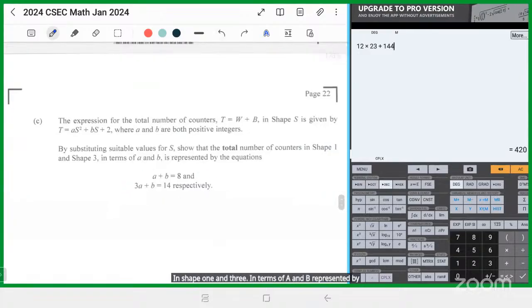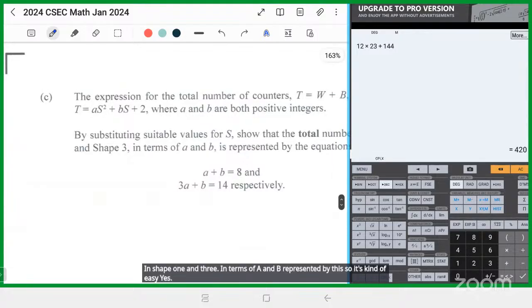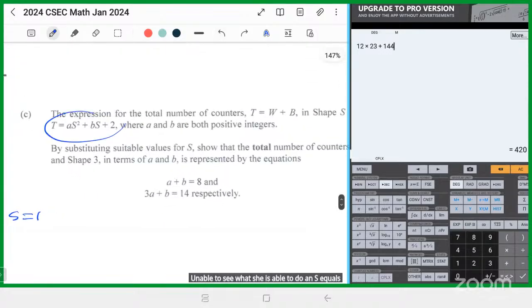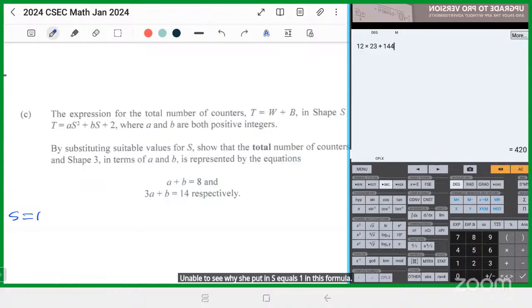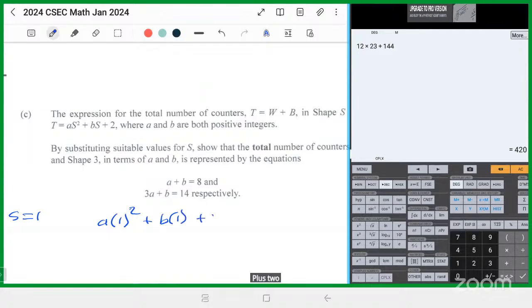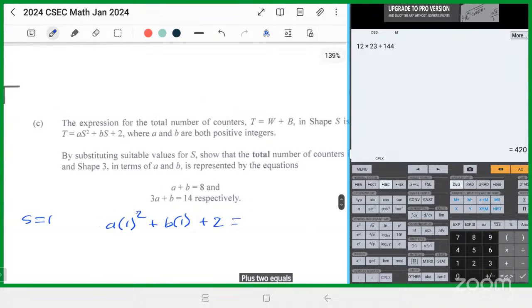So this is kind of easy. You just put in S equals 1 for shape 1 in this formula, and then put in S equals 3. So you put in S equals 1 in this formula, then you're going to get A times 1 squared plus B times 1 plus 2 equals, and what was the number in shape 1?